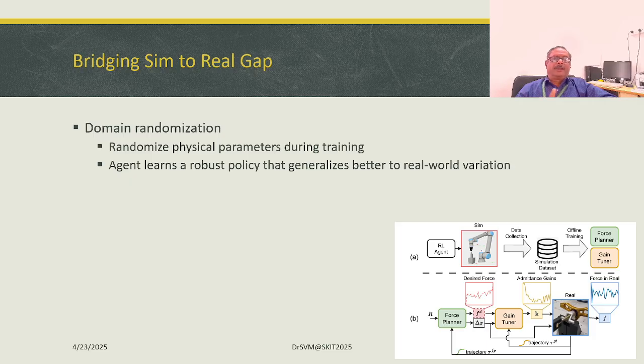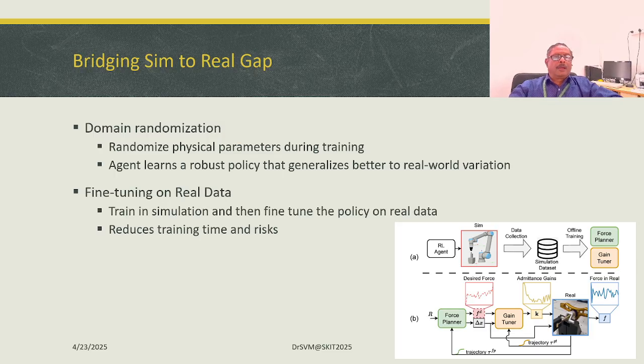Because of this randomization, the agent will learn a robust policy, and that will be helpful in generalizing when the real world variations come into the picture. Or you start with a simulation on the ideal situation and then get to the real world and start fine tuning it. So that's another option we have.